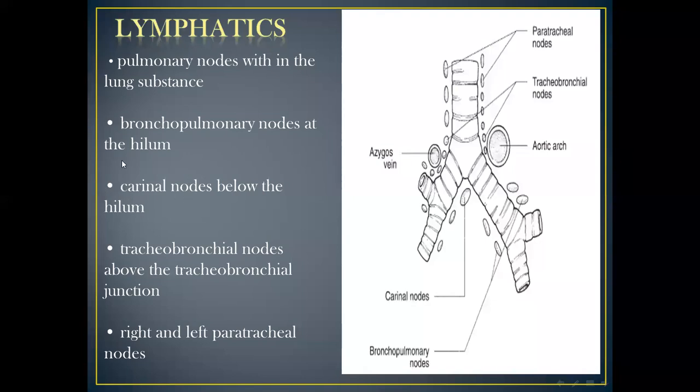We have the carinal lymph nodes below the hilum, and then the tracheobronchial lymph nodes above the tracheobronchial junction, and the right and left paratracheal lymph nodes. The bronchopulmonary nodes drain into the tracheobronchial and then into the paratracheal nodes, and these will then drain into the bronchomediastinal lymph nodes.